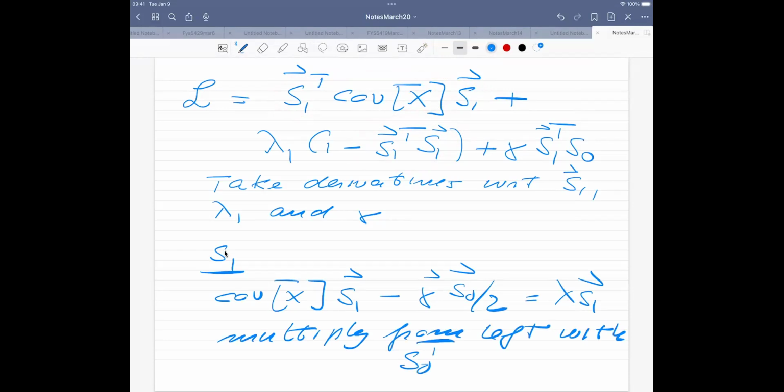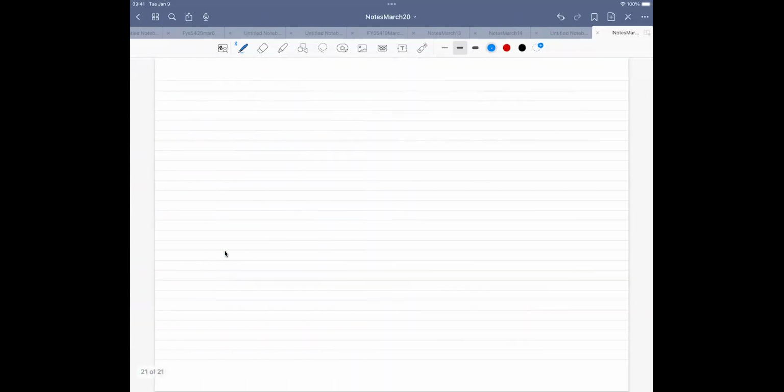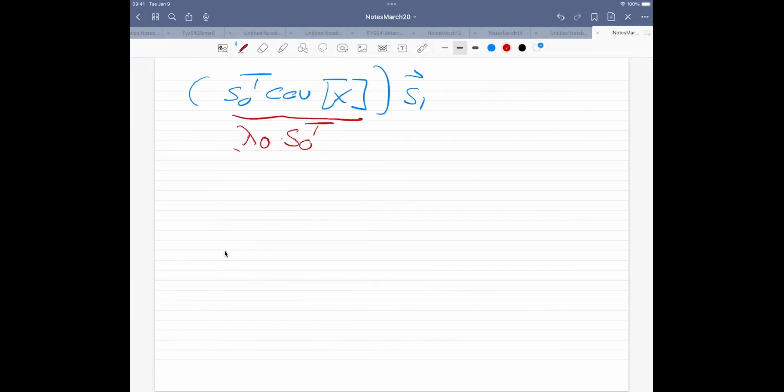Then we are going to be able to simplify this expression a little bit, and we will see now that some of these constants can be easily defined. So if I do that, then I'm going to get S0 transpose times the covariance of X times S1. Now, this quantity is actually the same as lambda 0 times S0 transpose. This is just the left eigenvalue problem. You have the right eigenvalue, and the covariance is a symmetric matrix, so I can rewrite it like that.